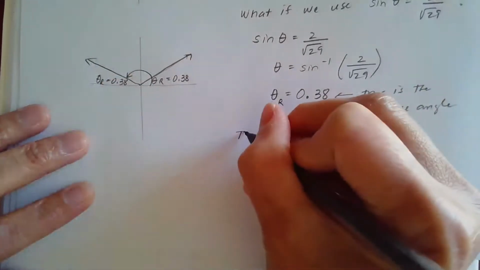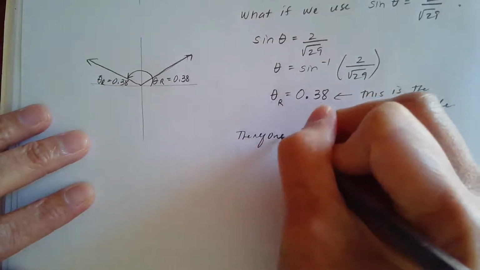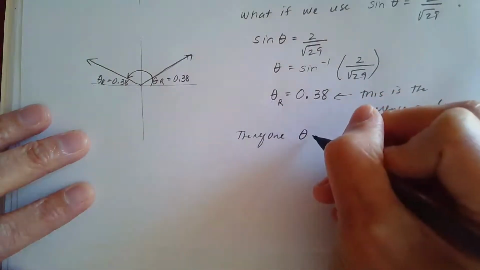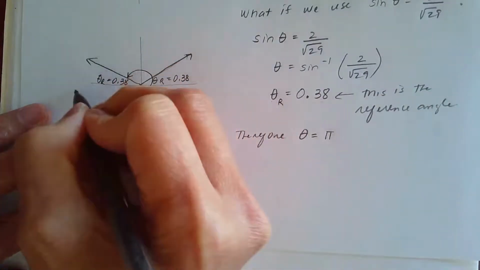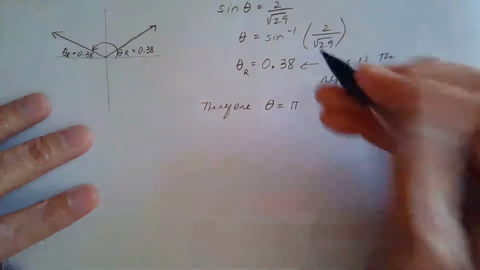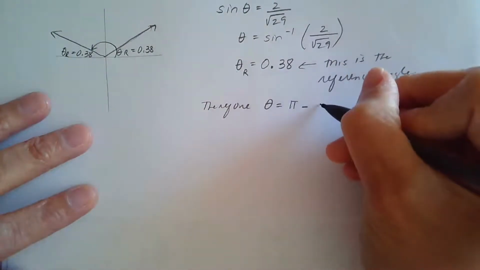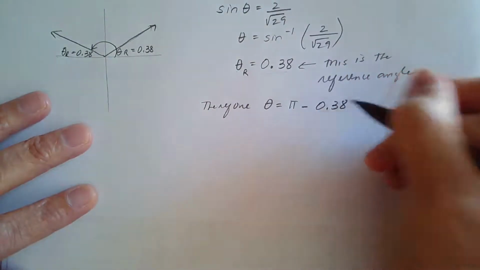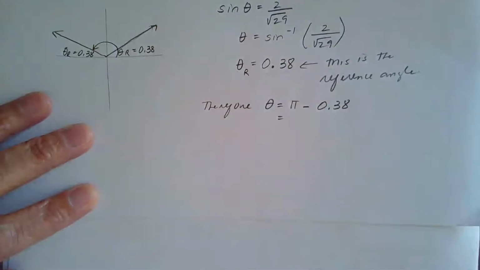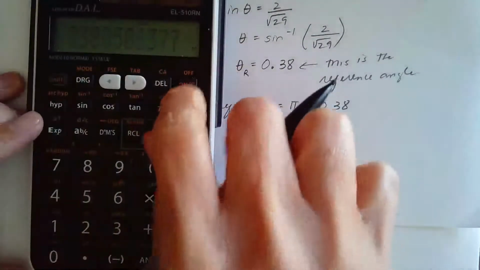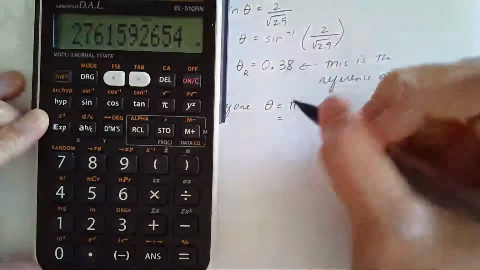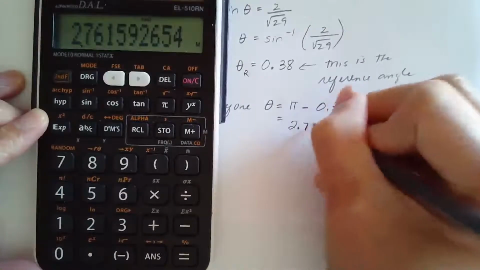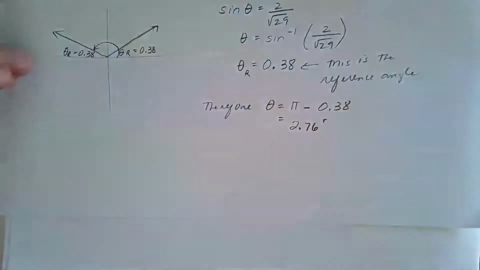Therefore, theta is equal to pi, because from here to here is pi radians, and then we go back, so minus 0.38 radians. If we do that, pi minus 0.38, we're going to get 2.76 radians as well.